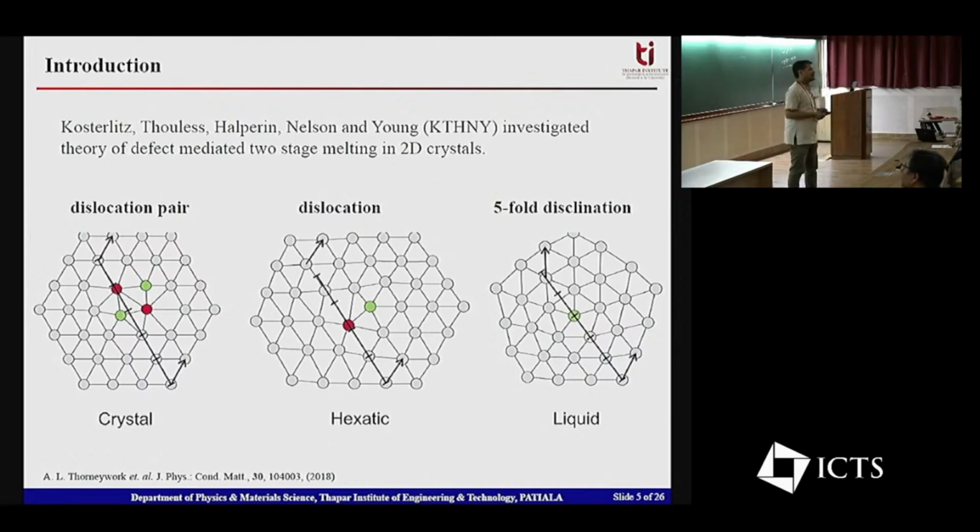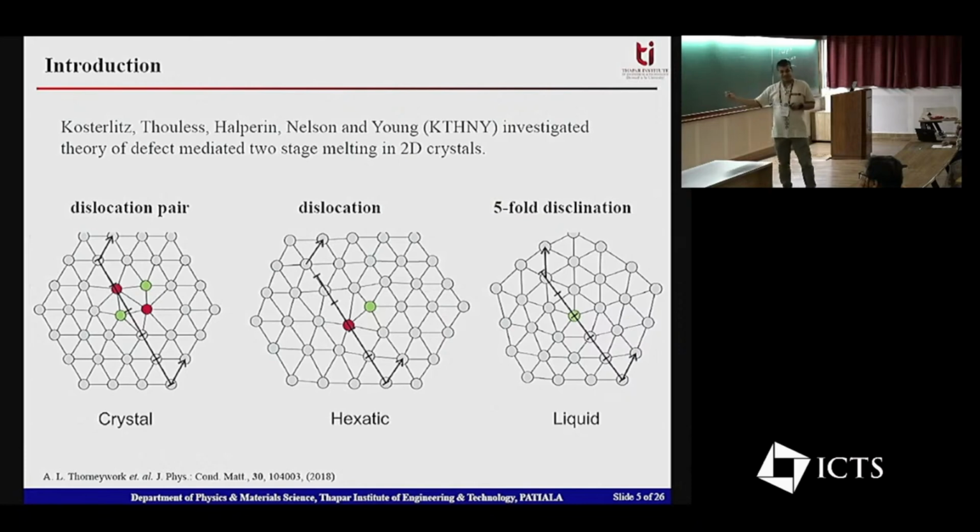Dislocations are a pair of 2 particles which have other than 6 nearest neighbors. If it is a perfectly hexagonal system, then every particle will have 6 nearest neighbors. But in this case, at the center, you see the green and the red ones. They always come in pairs at low temperature, and that's when you call it a crystal. That type of pair of defects is called a dislocation pair.